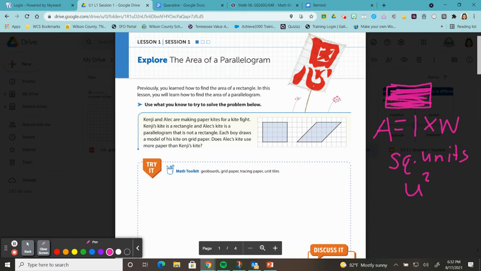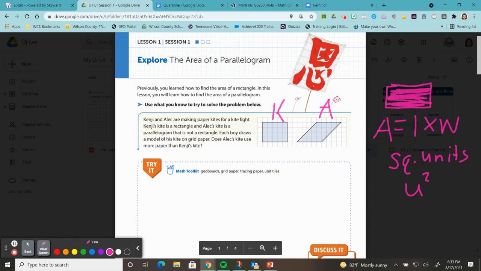So Kenji's kite is a rectangle. This is Kenji's kite and his model, which means that this is Alec with the parallelogram. They want to know, looking at those models, does one use more paper than the other? Specifically, they're asking about Alec. Does Alec use more paper to make his kite?